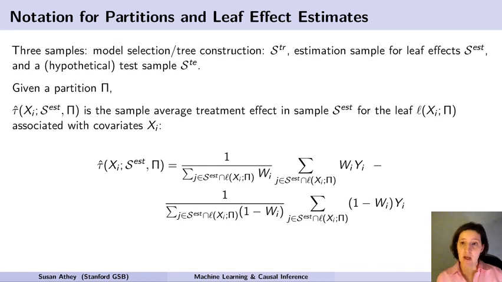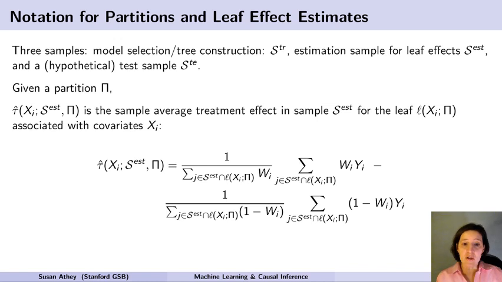The estimation set will be the set that we use to construct parameter estimates. And then we'll also consider the hypothetical test sample. It's not going to be used directly in the estimation, but we want to talk about that. Our goal ultimately is going to be to do a good job with mean squared error of our treatment effect estimates in a test set.